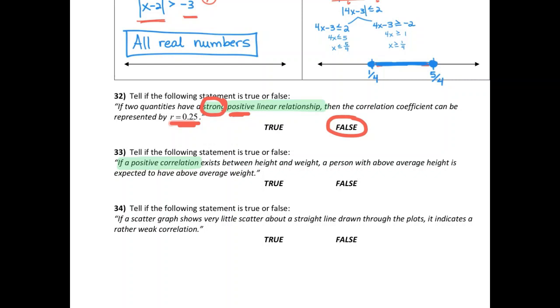If there is a positive correlation between height and weight, meaning as the height of a person gets taller, their weight increases, then you can expect that somebody who has an above average height will also have an above average weight. And so your answer here is true.